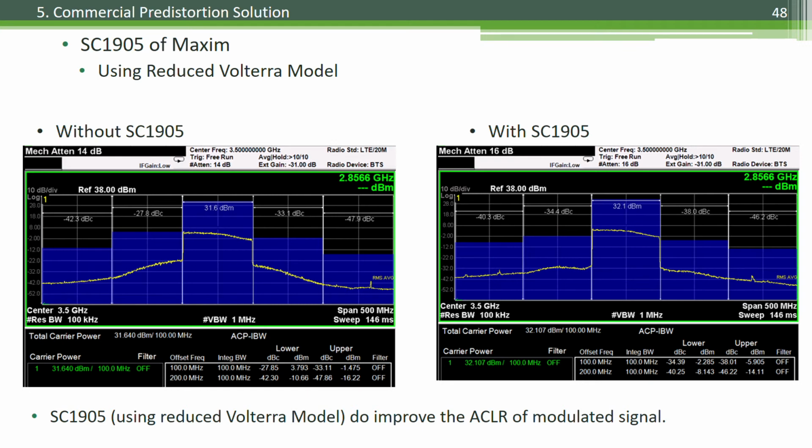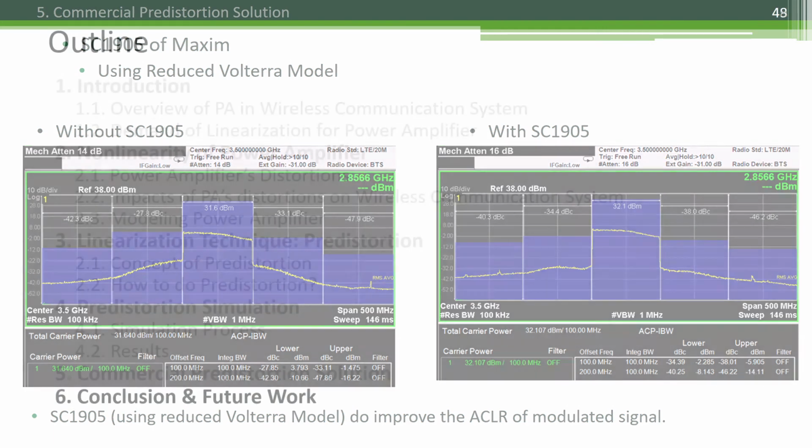So I can conclude that the SC1905 uses the reduced Volterra model to improve the ACLR of the modulated signal. And so we can conclude that predistortion with the reduced Volterra model will work in reality.